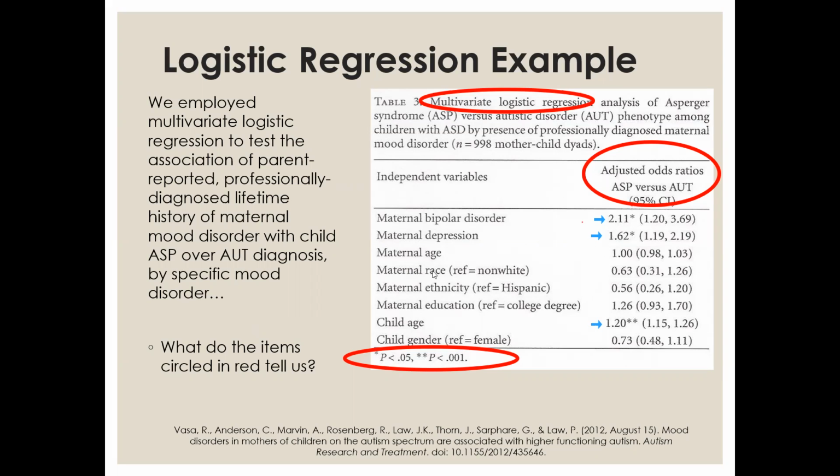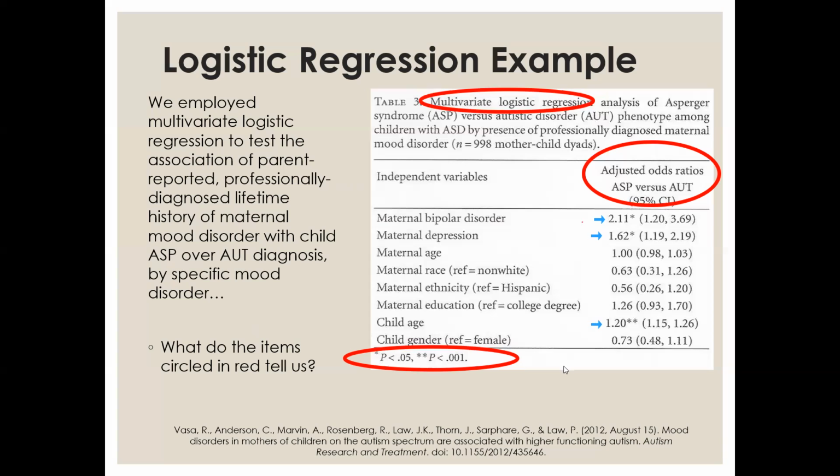If you have a mother who has maternal depression, the odds of a child having autism spectrum versus autism is 1.62. These are the lowest level of significance. We look here, this is more significant.